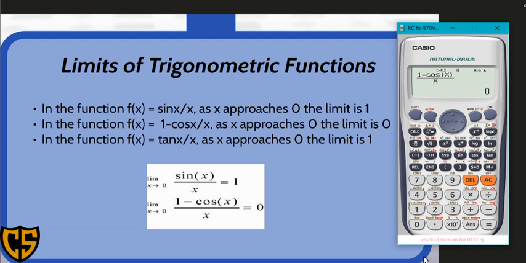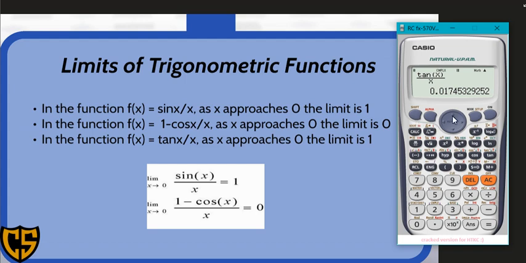So, for example, we have sa ikatlong function, tangent x all over x. Then we are going to calculate and substitute the value of 0. So we have sa aton answer nga 0.01517 something, which is not equal to 1.